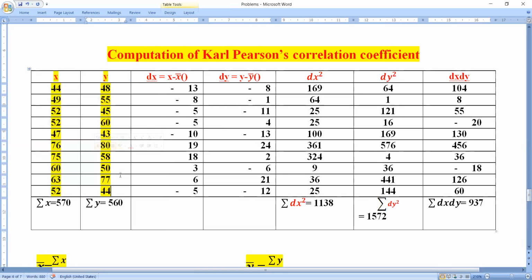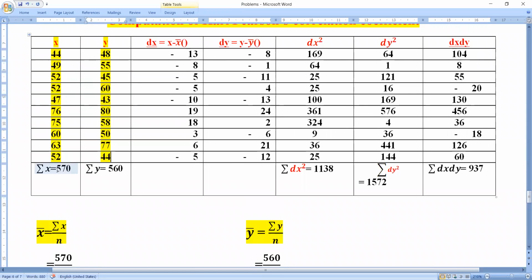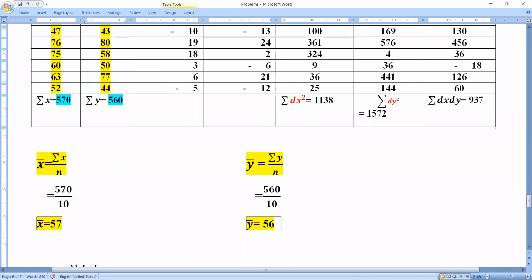How much is the total of the X series? The total of the X series is 570. And what is the total of the Y series? 560.